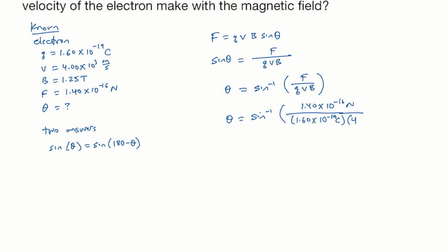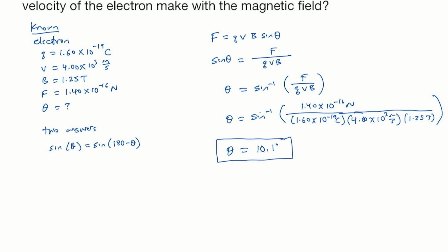Velocity is 4.00 times 10 cubed meters per second. And then we have the field, which is 1.25 Teslas. Okay, I did that calculation and I got 10.1 degrees.